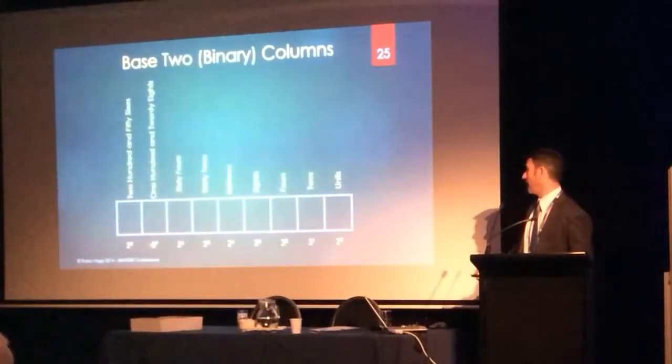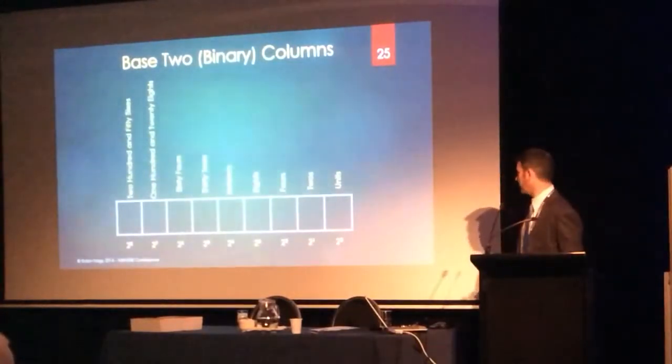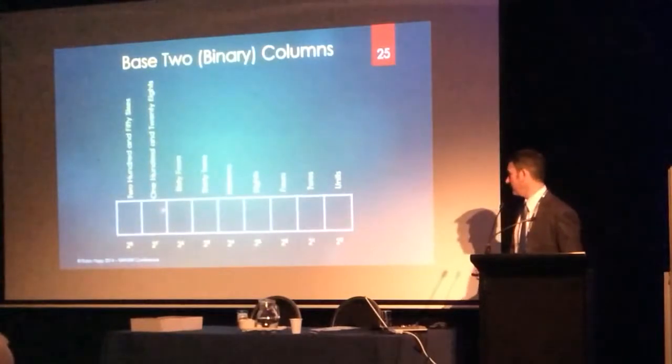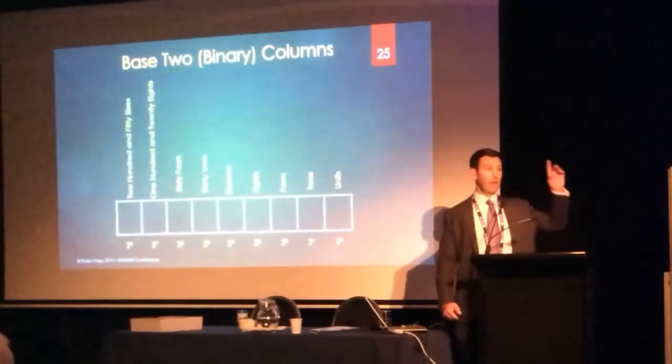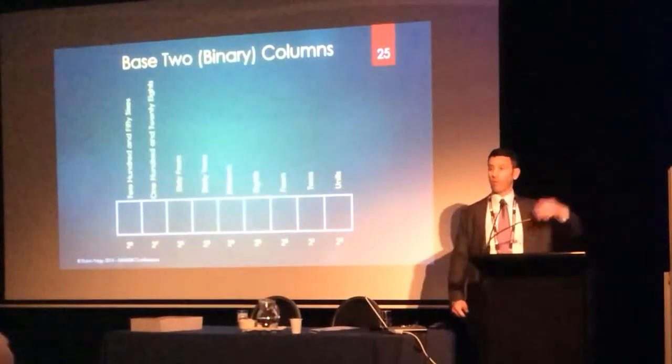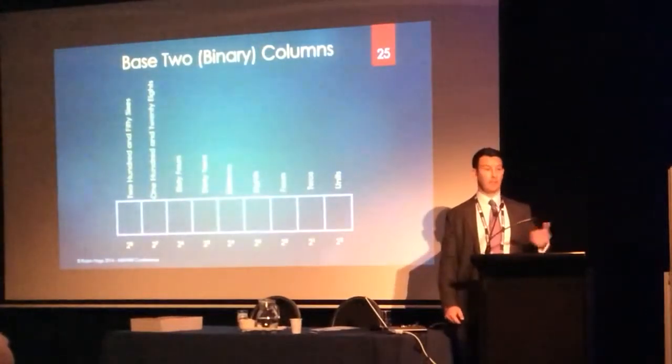Now, 2 to the power 8 is 256, which is a number that you kind of know. 1 byte is actually 8 bits, so each one of these is called a bit, binary digit, and it just is on or off, 1 or 0, 5 volts or 0 in electronics.